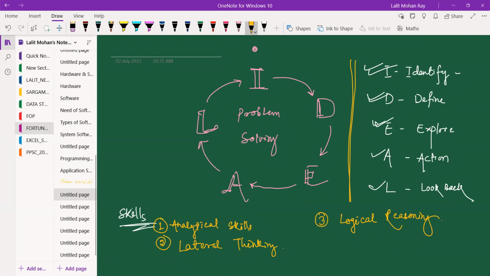Solve this. Have you come across this? Some figures are there, matching figures like this. Have you seen all these things?